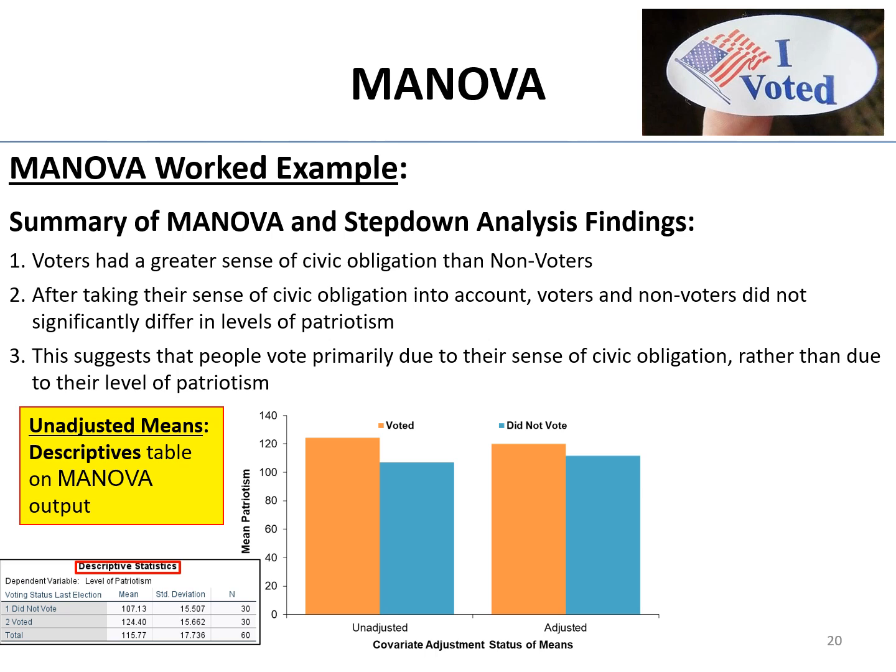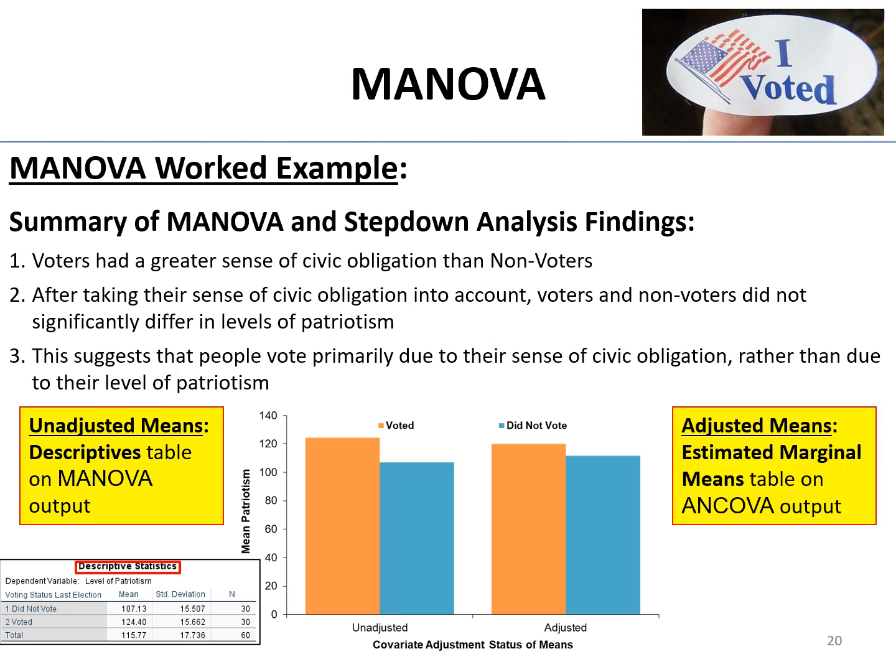And then on the right, we've got our adjusted means. Where do those come from? Well, those come from the estimated marginal means table on the MANOVA output, which is way at the end of the MANOVA output. And this is one where it gives you standard error instead of standard deviation. If you need standard deviation, you've got to convert it.